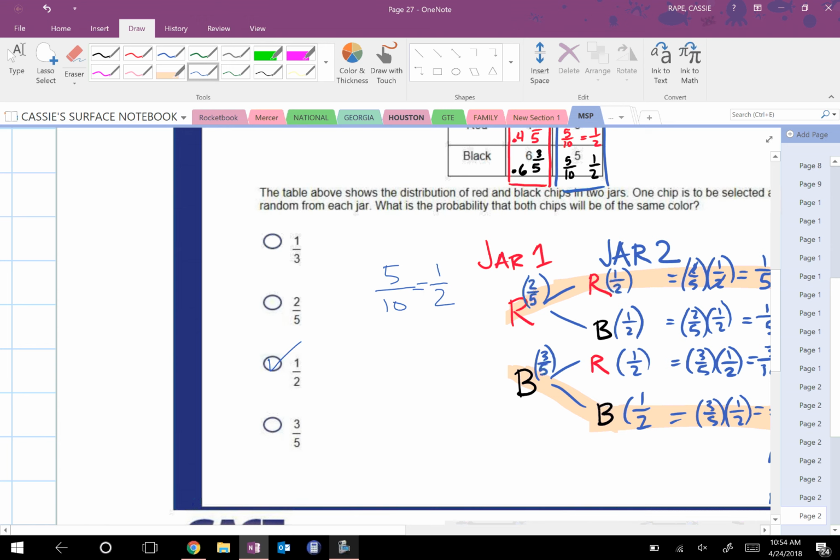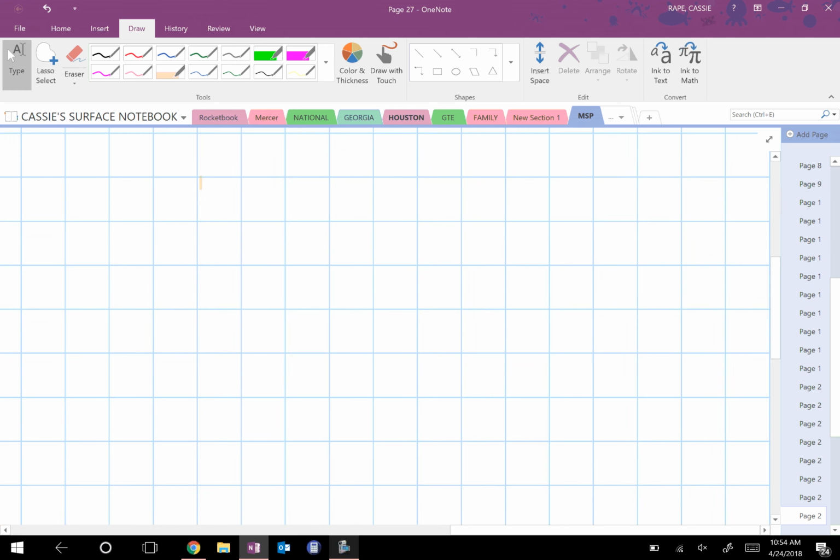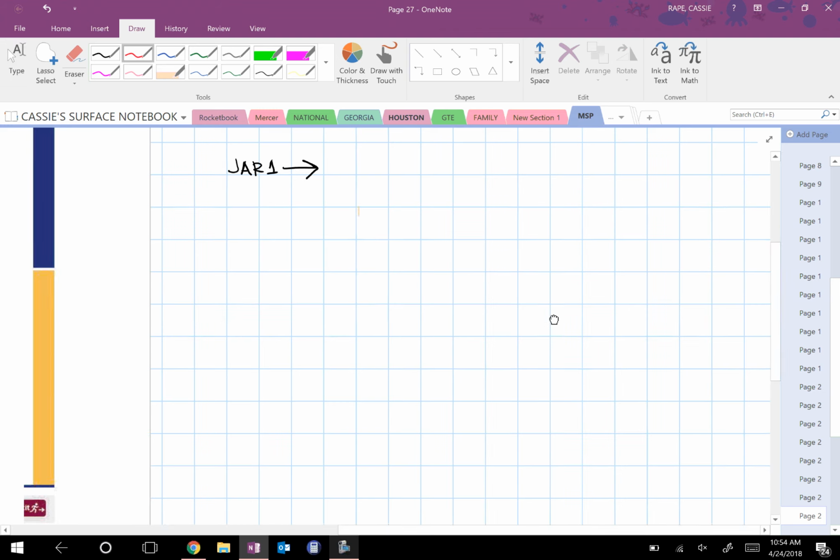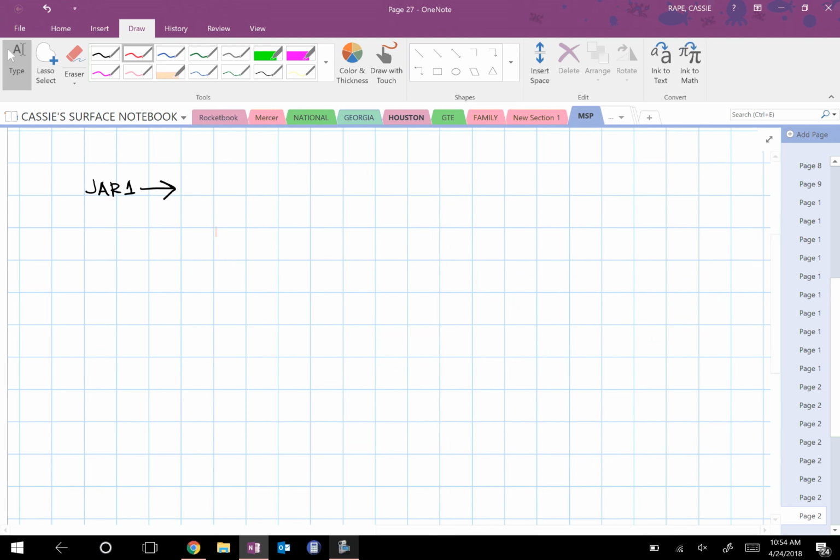Now I want to show you very quickly, there is another way to look at this. I really like to use sample space usually in probability, because it's just real, like I know I did the right operation. So this is how you could do that. In jar 1, remember there were, let me make sure I'm right about this, 4 reds, and then there were 6 blacks.